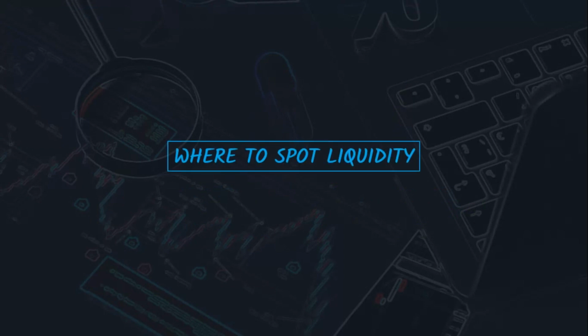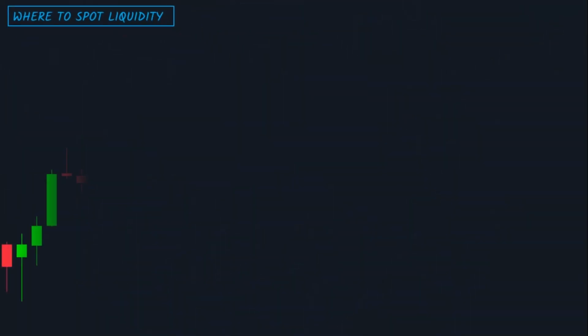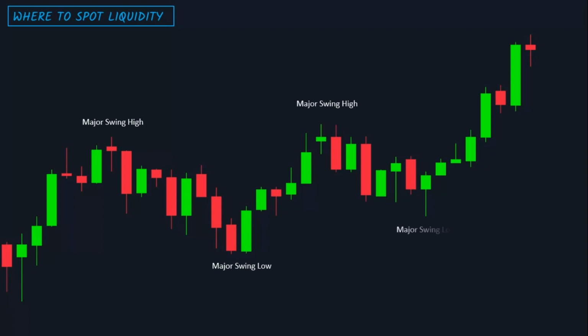To identify liquidity with precision, you must first understand where the market naturally builds pools of stop losses and pending orders. These liquidity pockets become the targets for institutional price movement. Liquidity can be categorized into external, major, and internal, minor liquidity.